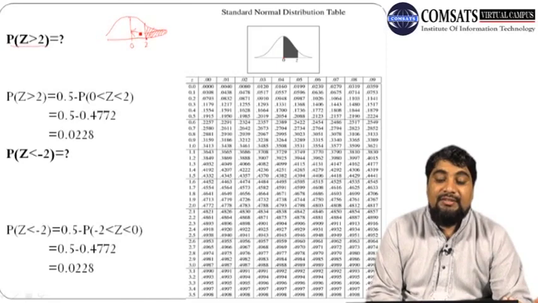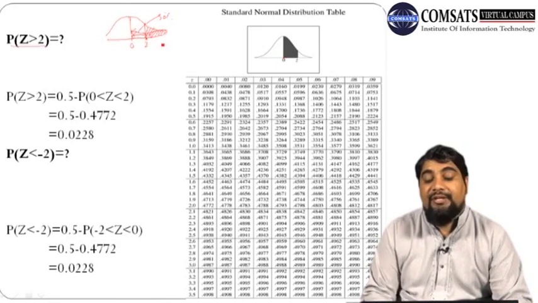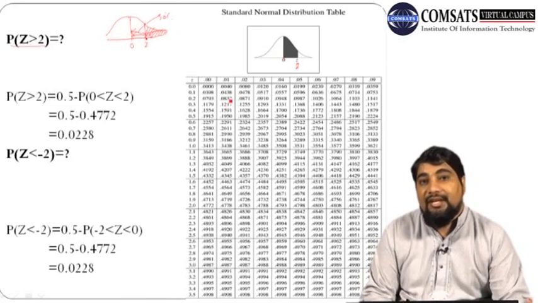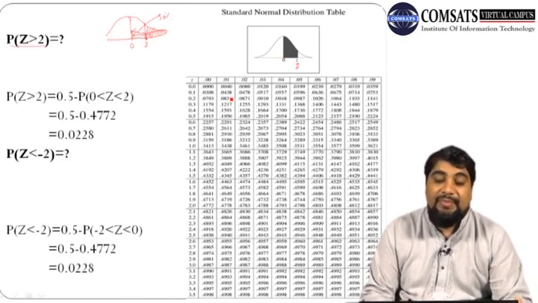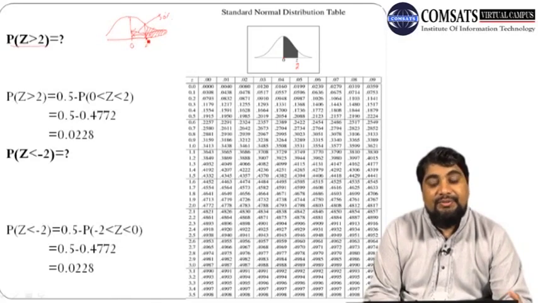If we subtract from this 50% the area between 0 and 2, which can be calculated by using this table, by putting 2 instead of z, we get the probability that z is greater than 2.